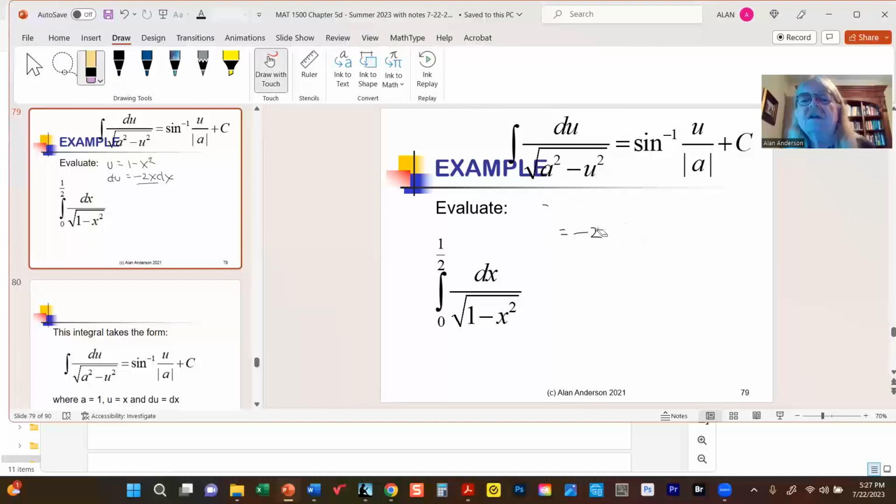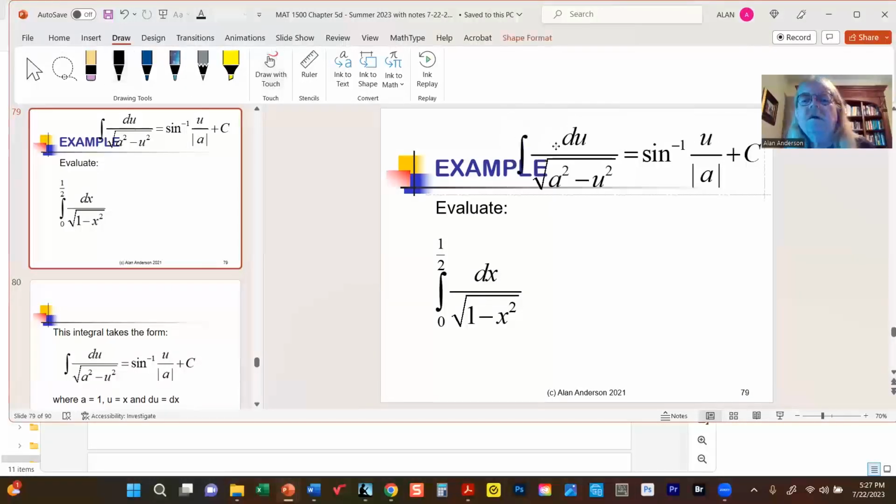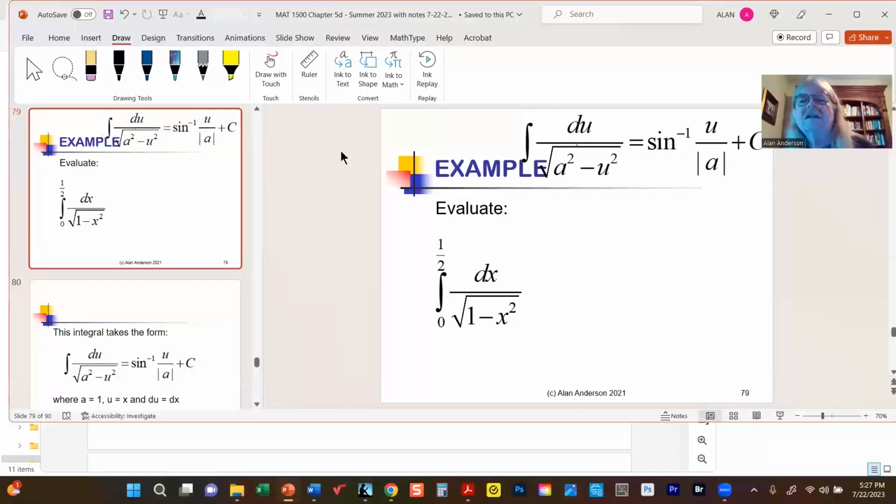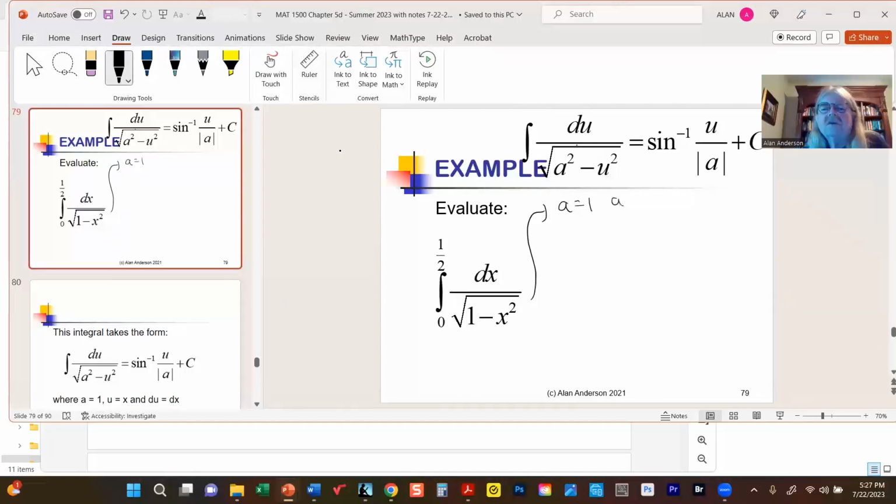So instead, we look at the chart and we say, hey, wait a minute, that looks awfully familiar. Why, that looks just like this arc sine function, where a is 1, so that a squared is 1. u is x, which means that minus u squared is minus x squared. du is dx.